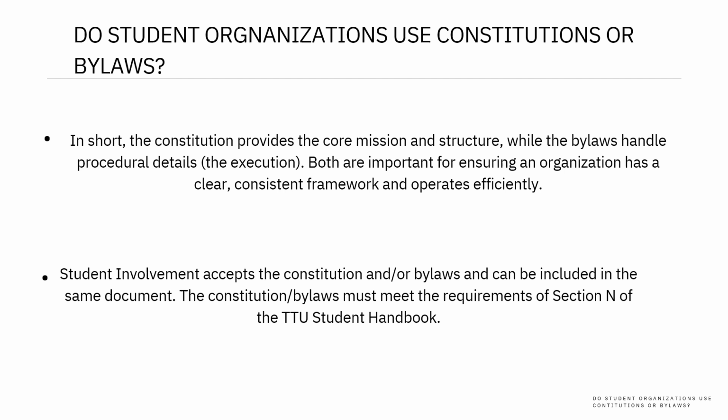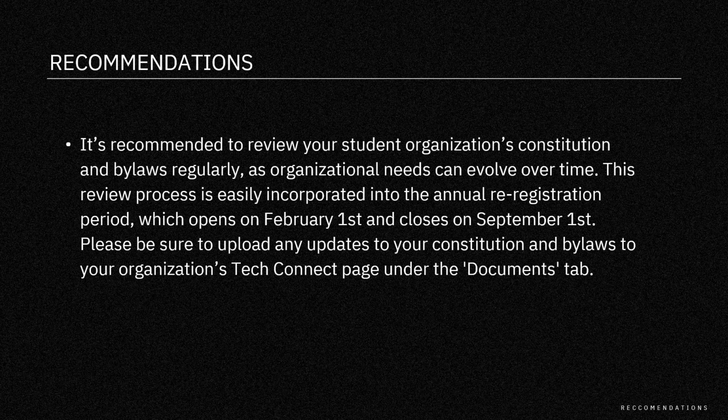The Office of Student Involvement accepts either in your re-registration process, but again, we highly suggest utilizing both. The Office of Student Involvement also recommends that you annually review your organization's constitution or bylaws. Regularly reviewing these documents is really important because your organization's needs can evolve over time.